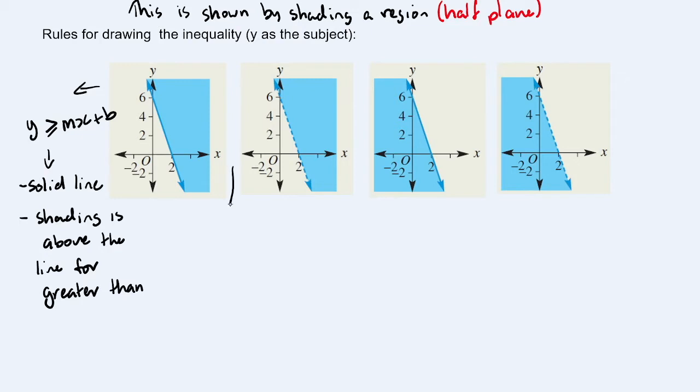Our next one here is just y is greater than mx plus b. So it's a dotted line now, indicating that it does not equal the points on that line.